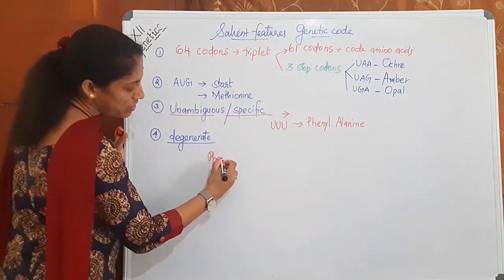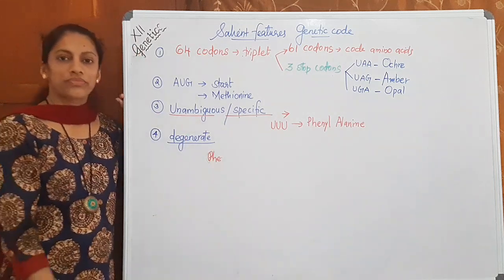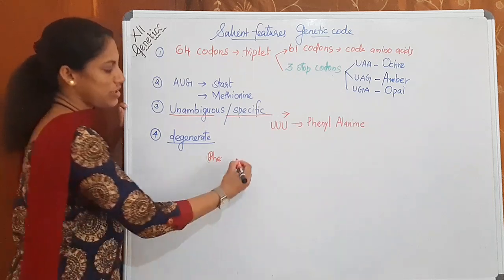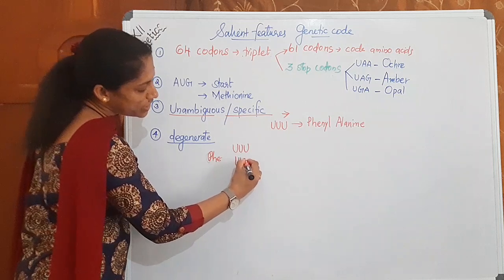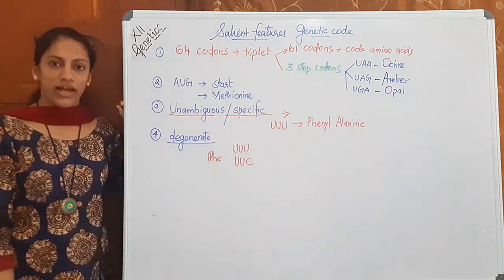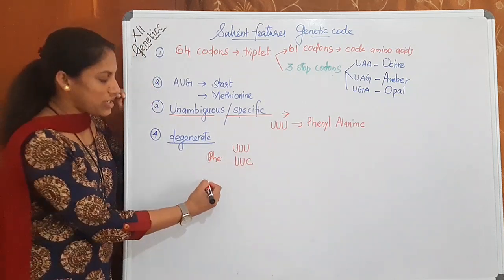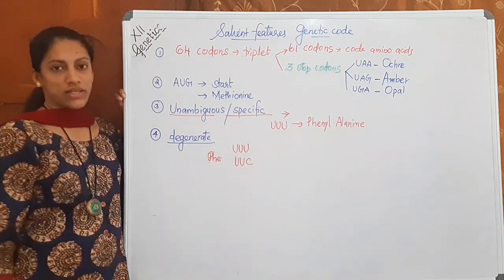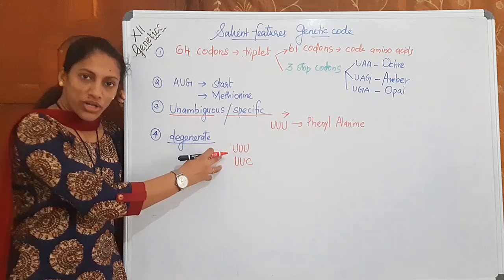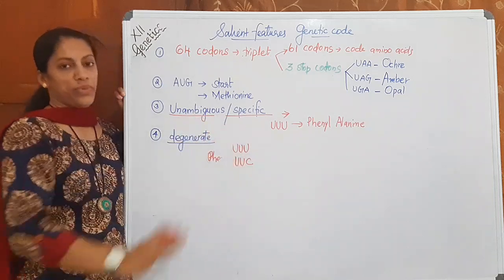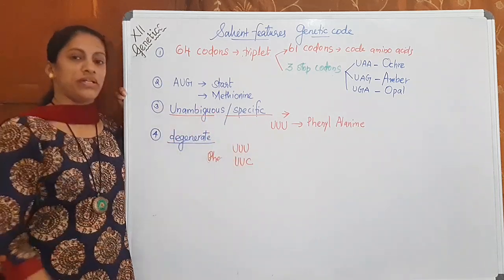What is the triplet code? It is coded by UUU and UUC. Both are phenylalanine. Okay, for serine, 6 different triplets are there. That means one amino acid can be coded by more than one triplet. That is what degeneracy means.